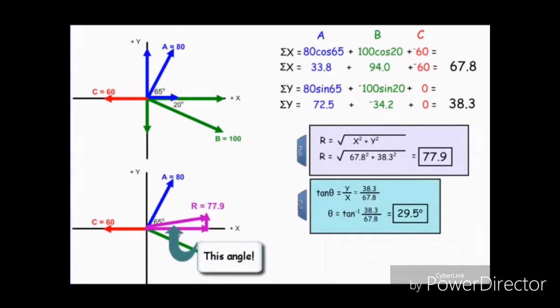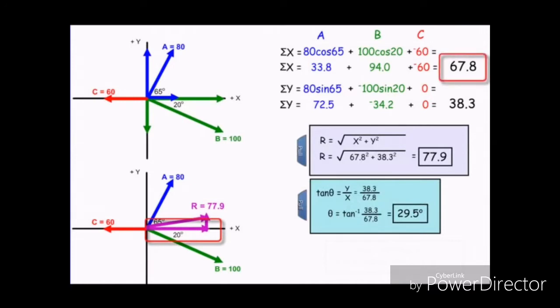We can see that the opposite side is our value for the sum of the y components, that is 38.3. The adjacent side is our value for the sum of the x components, 67.8. We take the inverse tan of that ratio, 38.3 divided by 67.8, and we get a value of 29.5 degrees.